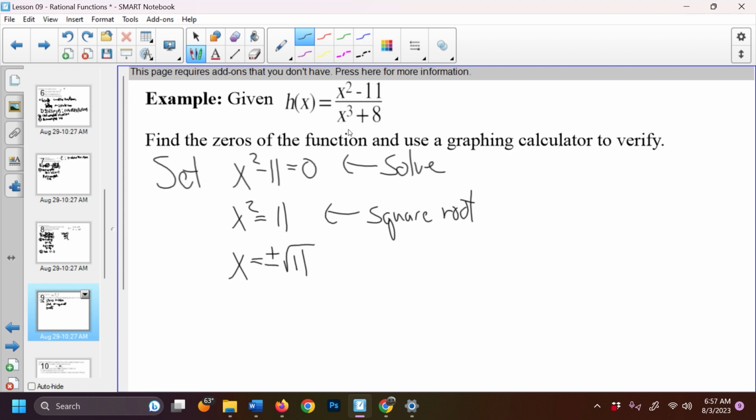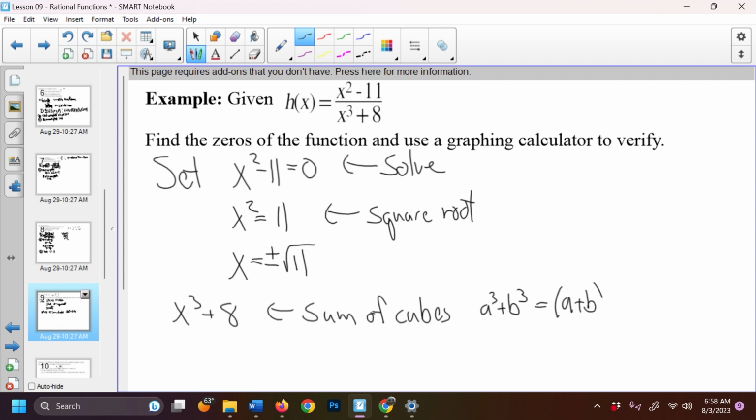now x to the third plus 8 is a sum of cubes. And you probably have not seen a sum of cubes since Algebra 2. And so if I have a to the third plus b to the third, there is a factoring method for that. It is a plus b times a squared minus ab plus b squared.